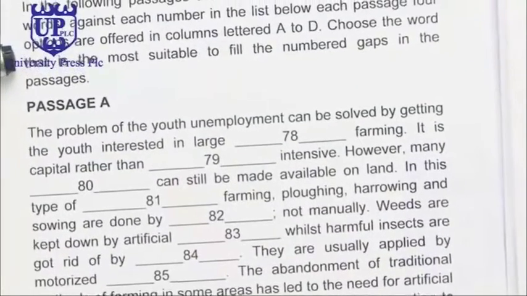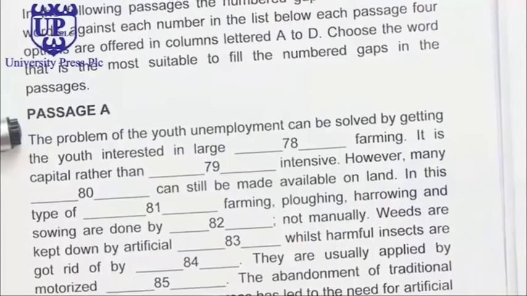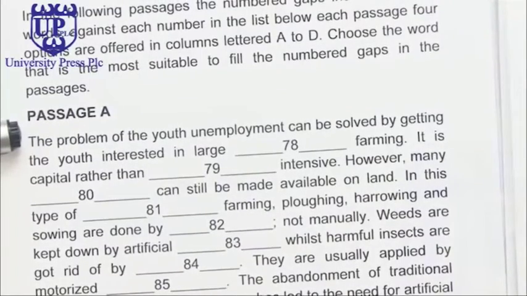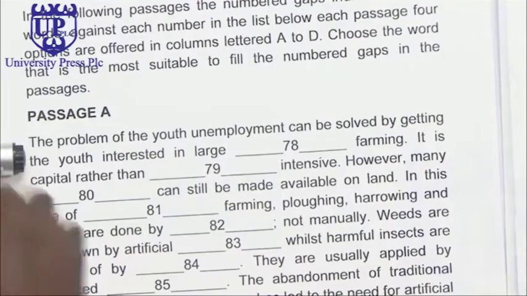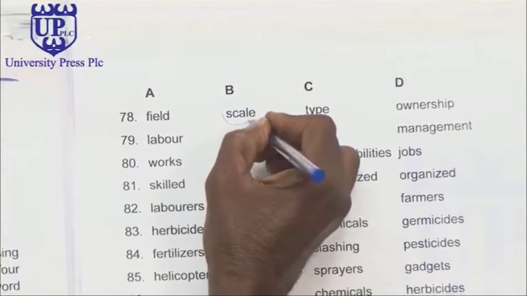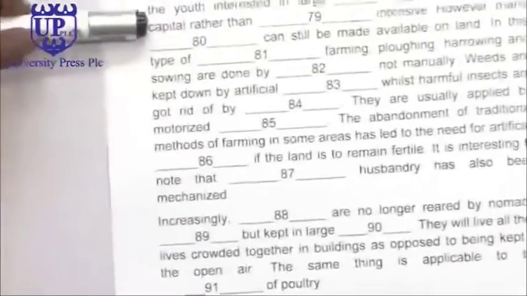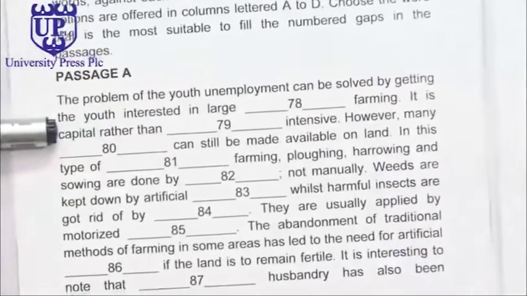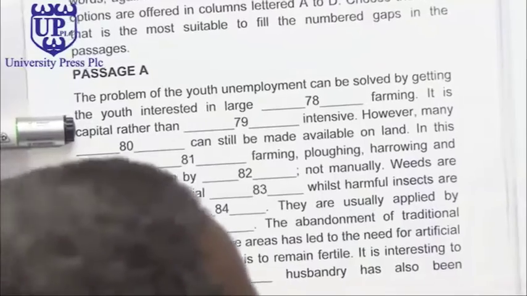Let's look at passage A. The problem of youth and employment can be solved by getting the youth interested in large what? Large scale farming, that is the appropriate word there. Large scale farming. It is capital rather than dash intensive. Capital rather than labor intensive.